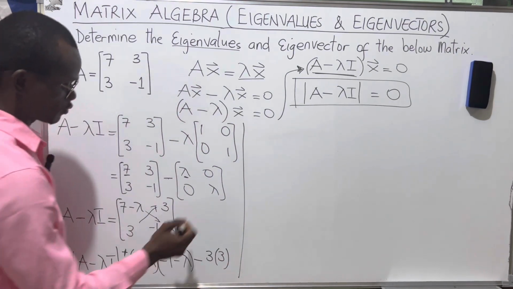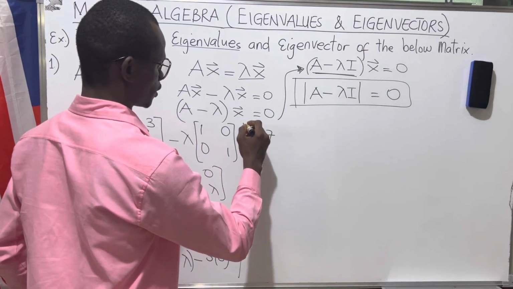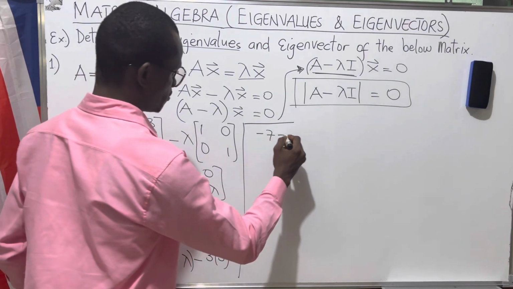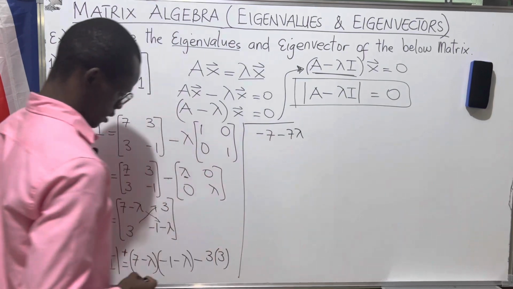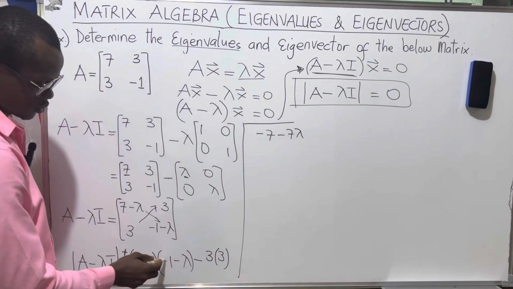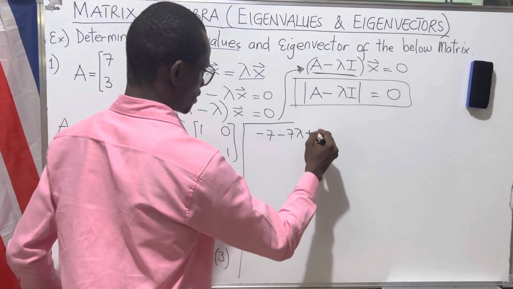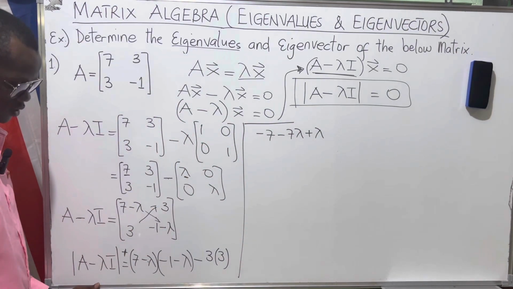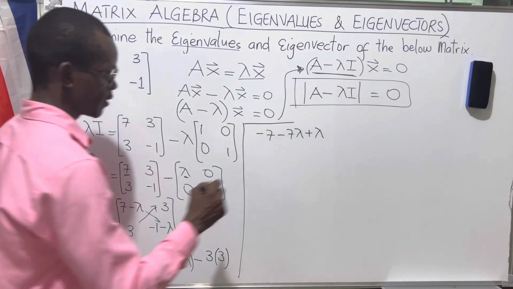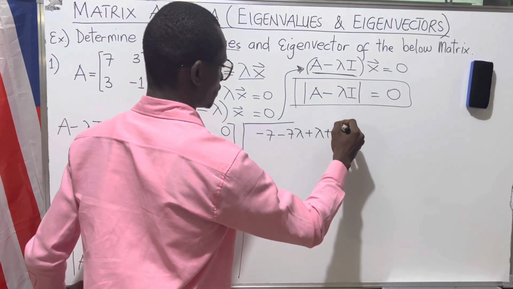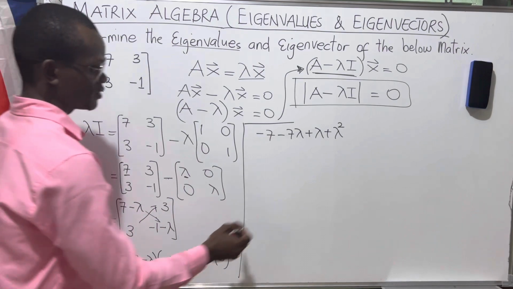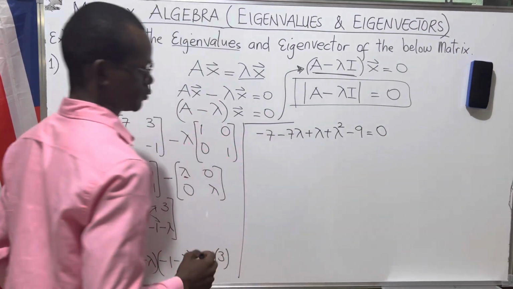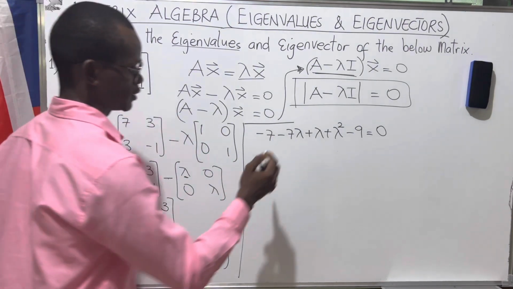We have 7 times 1 is minus 7, and 7 times lambda is minus 7 lambda. Lambda times minus 1, minus and minus is positive lambda. Then lambda times lambda is positive lambda square. And then minus 3 times 3 is 9, all equal to 0. Now we can solve for lambda.